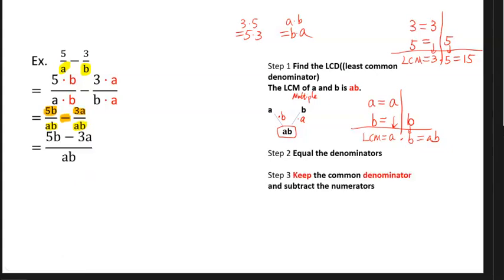So for example, 5b minus 3a, we cannot subtract them because they're not the same item. So again, think of b as 5 bananas and a as 3 apples. So 5 bananas minus 3 apples, we cannot subtract them. So you're just going to have to leave the top as 5b minus 3a. So that's the final answer.